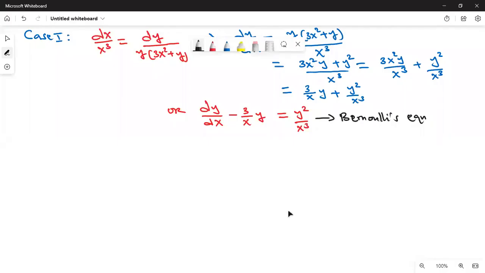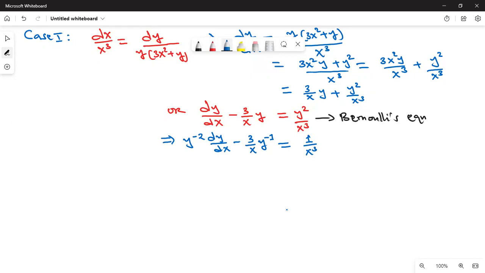So when we divide by y squared, this is what you're going to get. This will imply that y raised to negative 2 times dy dx minus 3 over x times y raised to negative 1. Remember, we are dividing by y squared, so you apply the laws of indices here. And on the right-hand side, you're going to get 1 over x cubed.